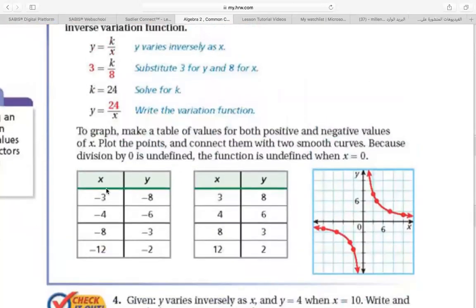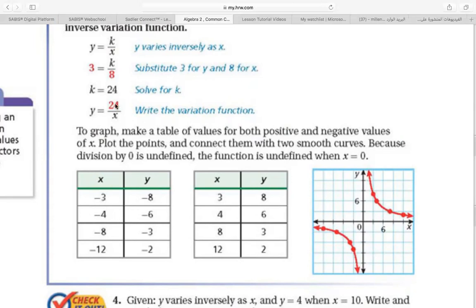Then I'm going to graph. I'm going to give some values for x: negative 3, negative 4, negative 8, negative 12, and the same numbers but with positive signs, 3, 4, 8, and 12. Then I'm going to substitute x is negative 3 here to get y.